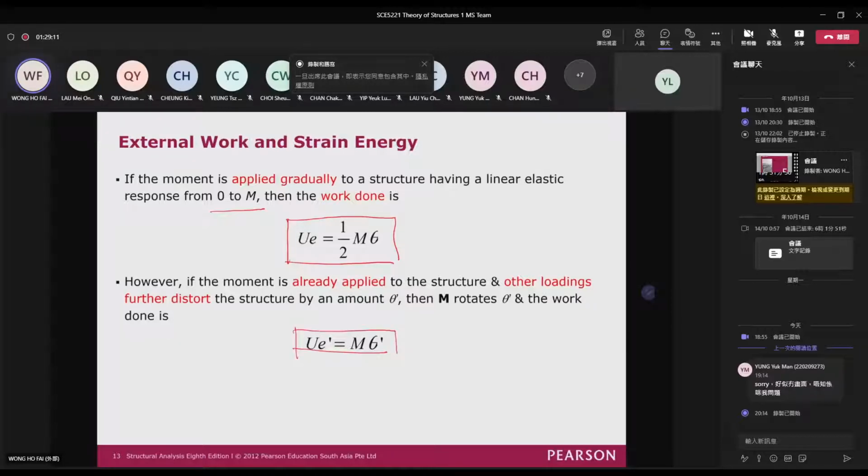The half depends on whether you apply the load with the rotation of the structure at the same time, or the moment is already there and just moves with the structure. Then the rotation is not caused by that particular moment, so we do not need to include the half.